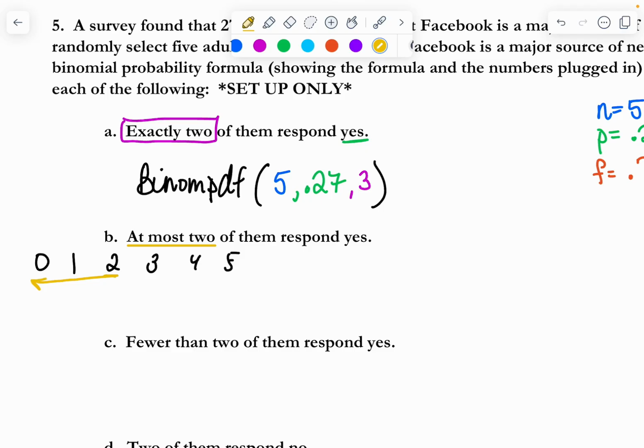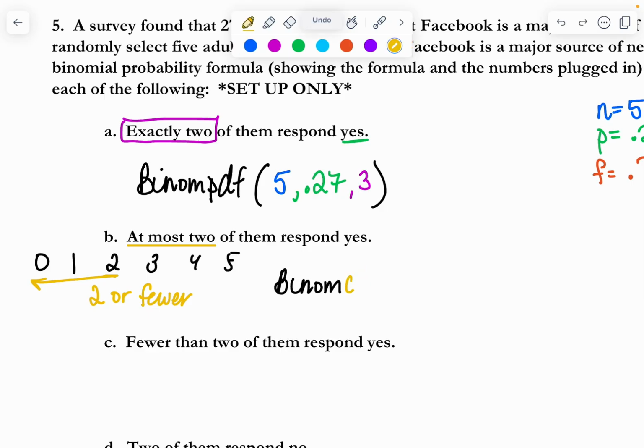So at most 2 is the same as 2 or fewer, or 2 or less, which reminds us that we're going to use binom CDF. The binom CDF does less than or equal to a number. So out of the 5 people, the probability they said yes is 0.27, and this time we want to know 2 or fewer.